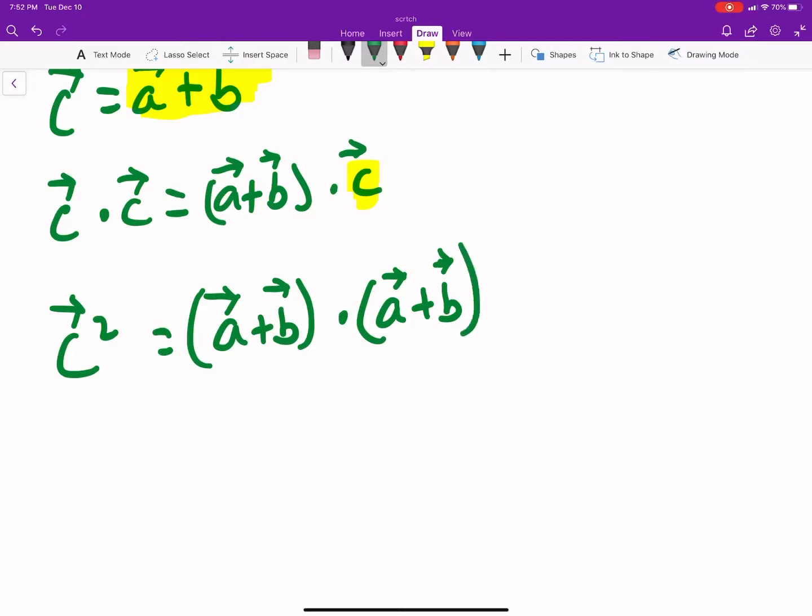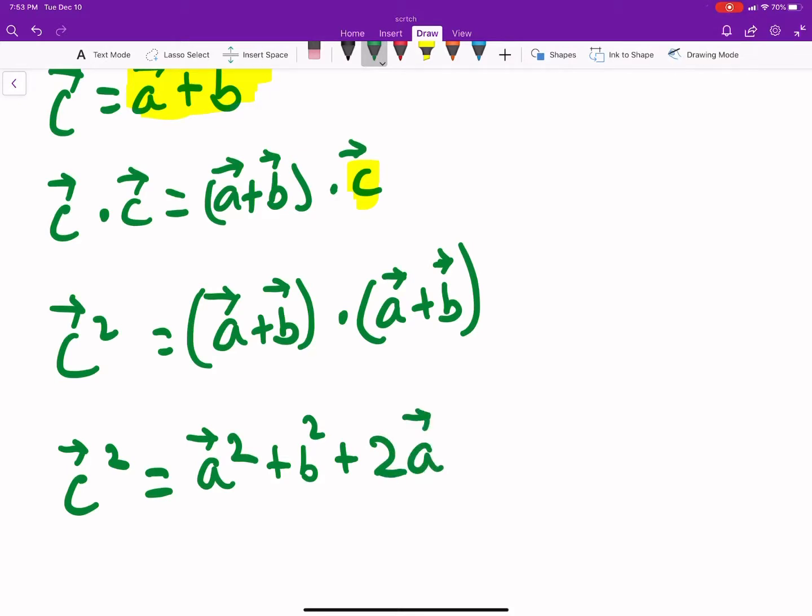And if you FOIL, you'll see that C squared is equal to A squared plus B squared plus 2 times A dot B. You can FOIL this, and if you multiply this out, you should see that's what you end up getting.